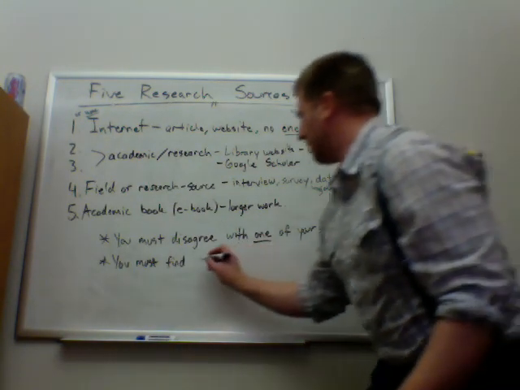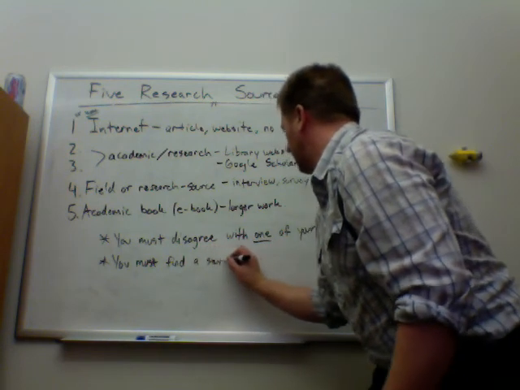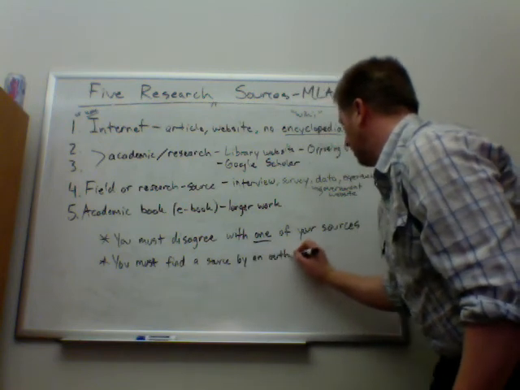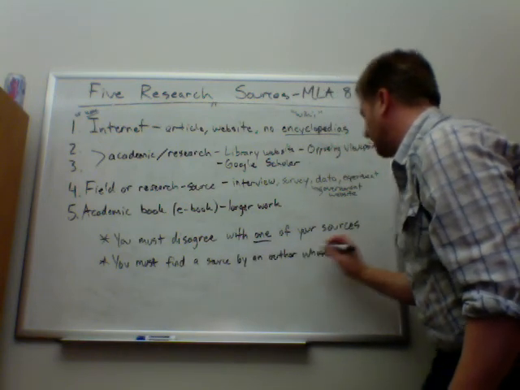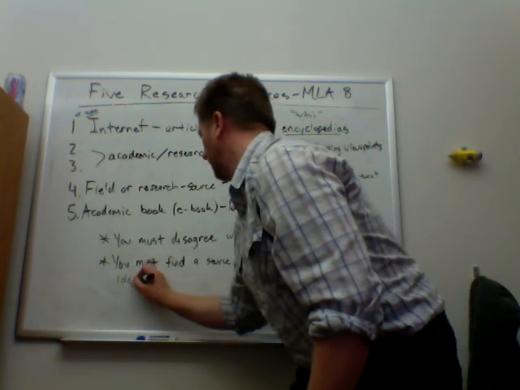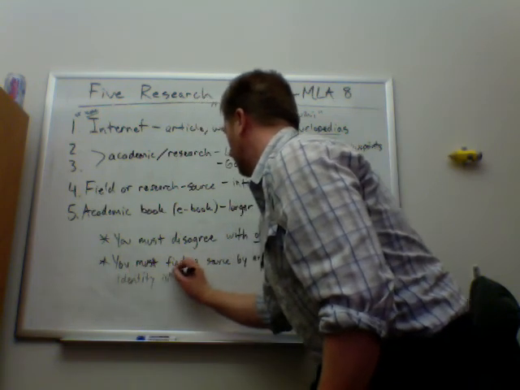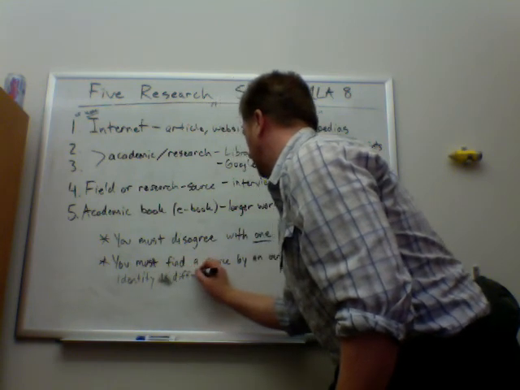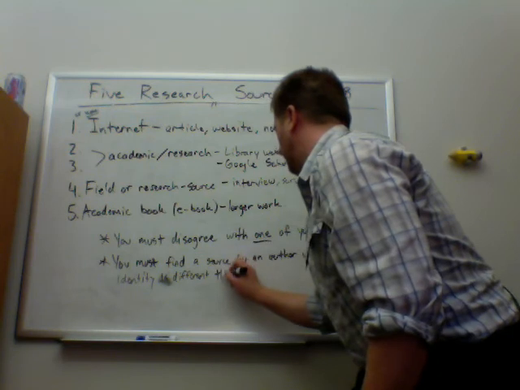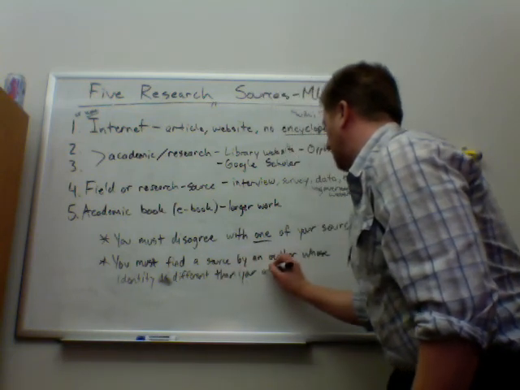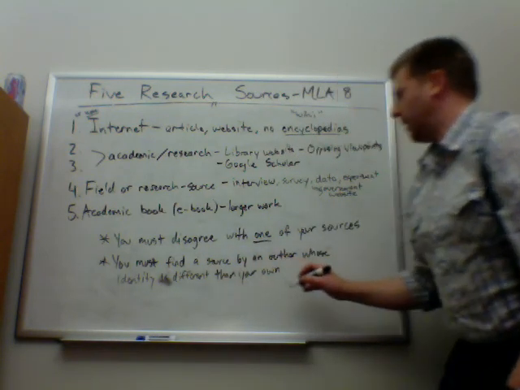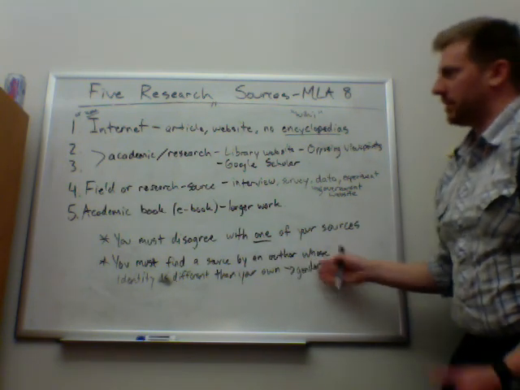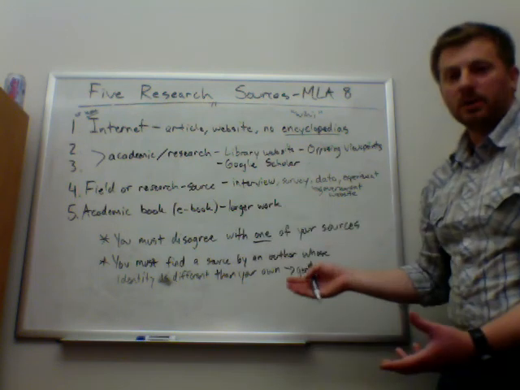You must find a source by an author whose identity is different than your own. So that just means if you are a male, then you should have at least one person who is not male as one of your sources.